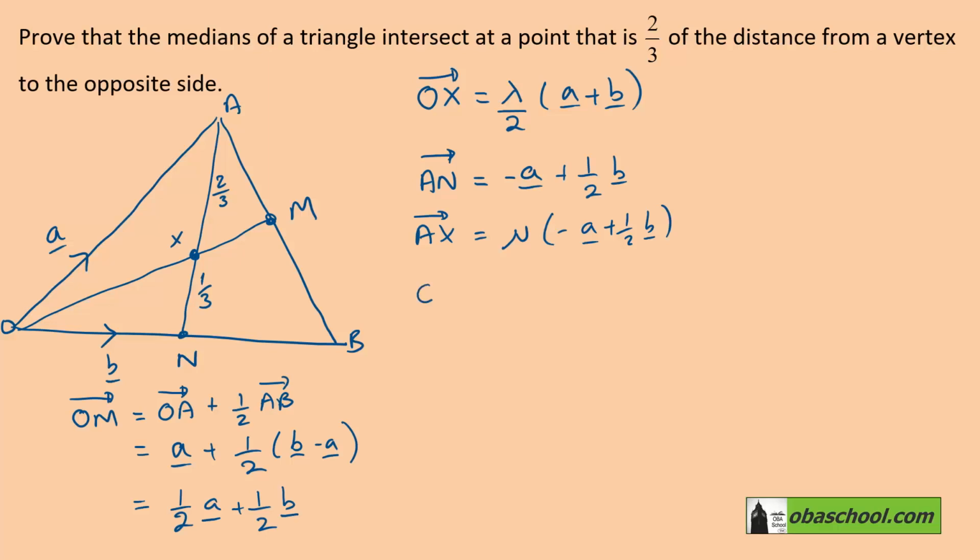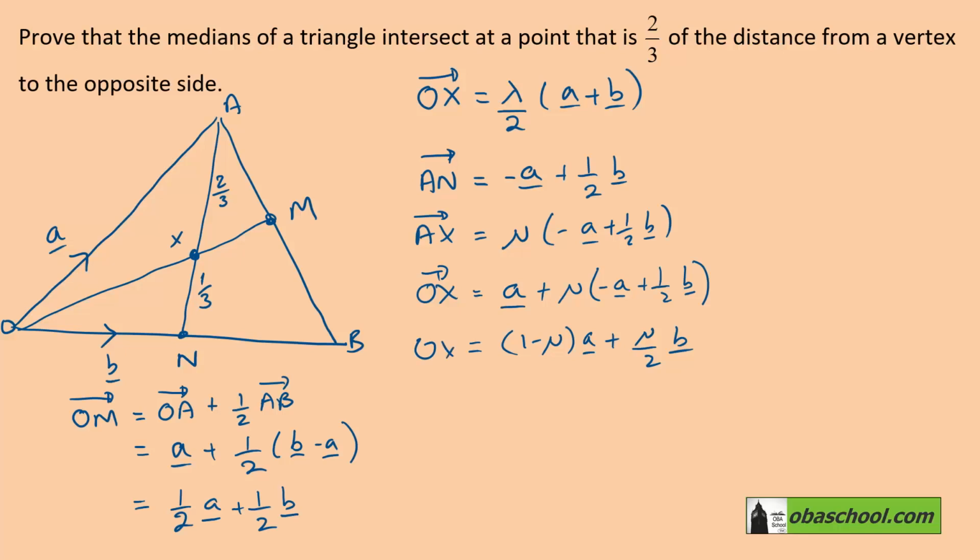And so I get a different route for OX by doing A plus mu (negative A plus a half B), which gives me (1 minus mu) A plus mu over 2 B.